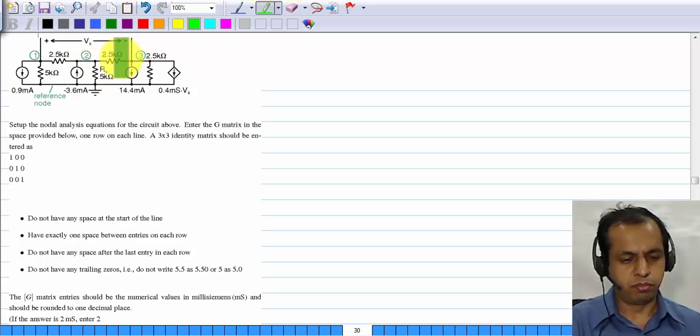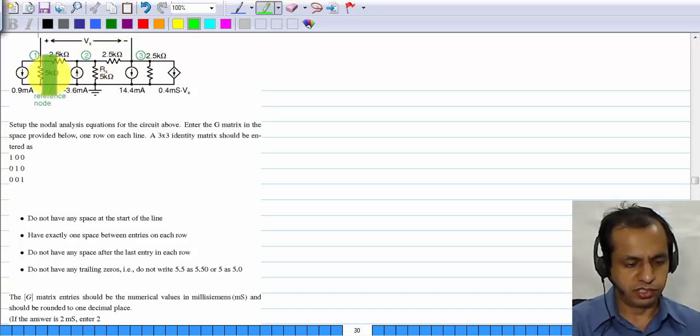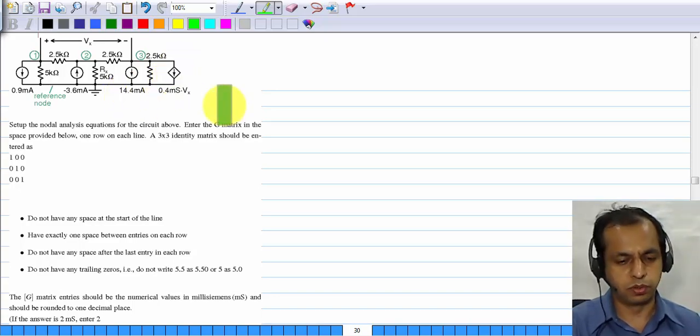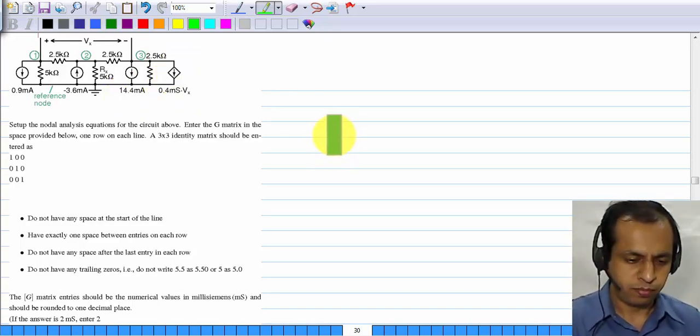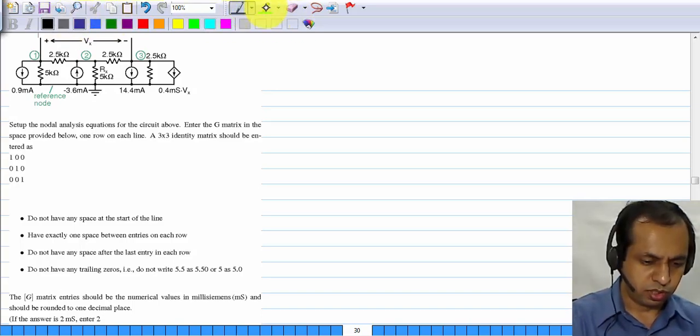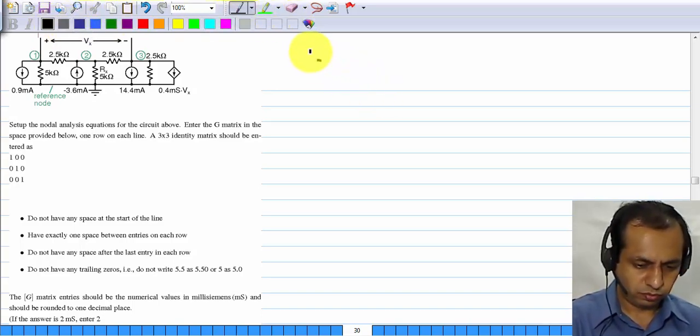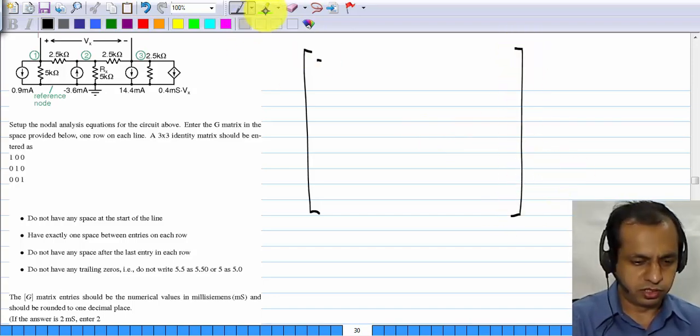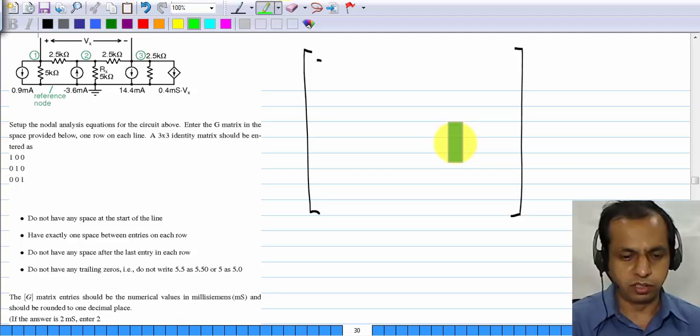The next problem: the circuit now has resistors, independent current sources, and also a voltage controlled current source. Again the nodes are marked. First of all, let me write down the contribution of only the conductances.